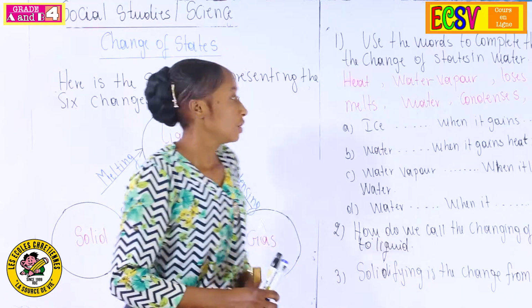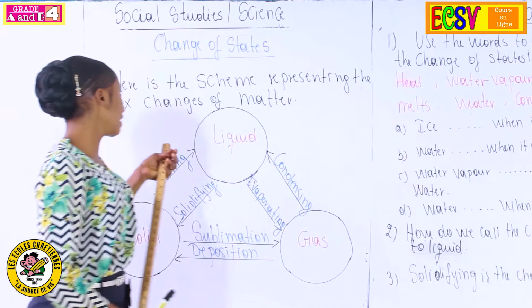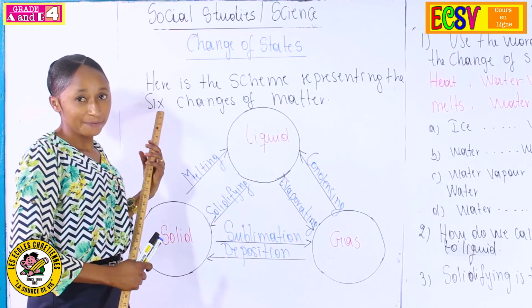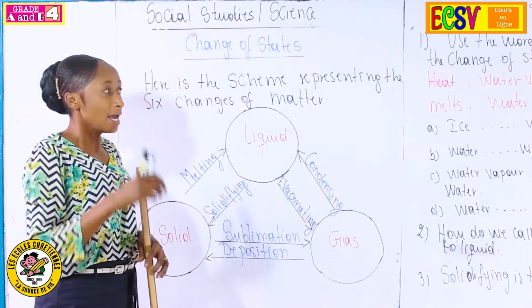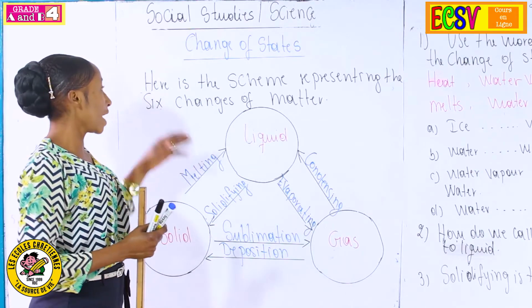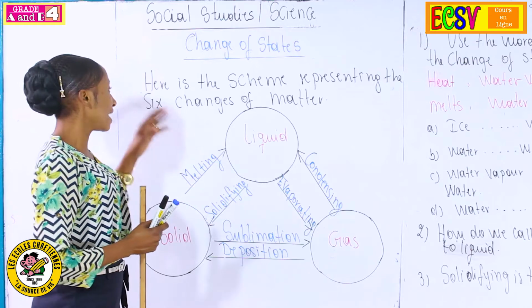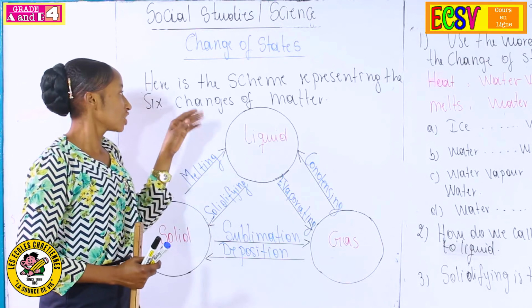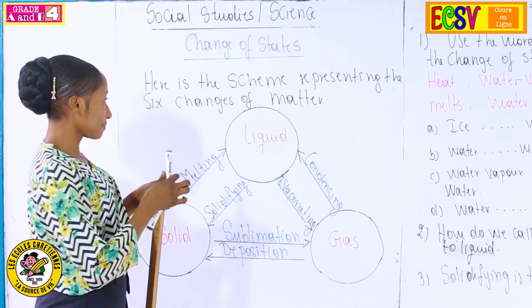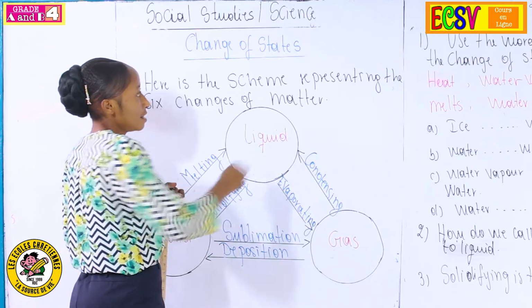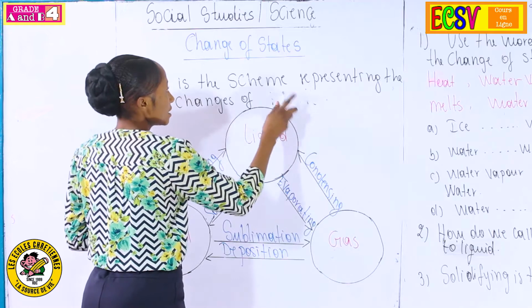Here now, after knowing all the 5 change of states given in the previous lessons, we are now going to add another one that will make us 6 changes of our matter of states.